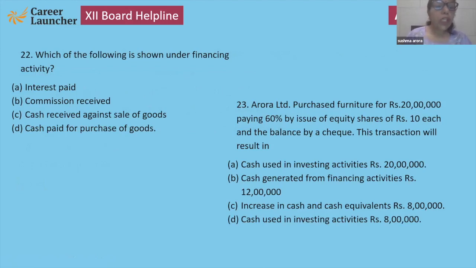Yes. Which of the following is shown under financing activity? Interest paid, commission received, cash received against sale of goods, cash paid for purchase of goods. So here, interest paid will be on long-term loans or on debentures.